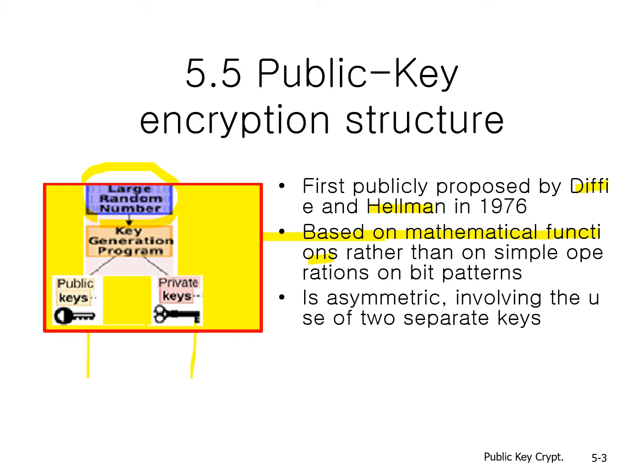So this public key encryption structure is asymmetrical. When you encrypt plain text and when you decrypt ciphertext, you use different keys. That is asymmetrical.